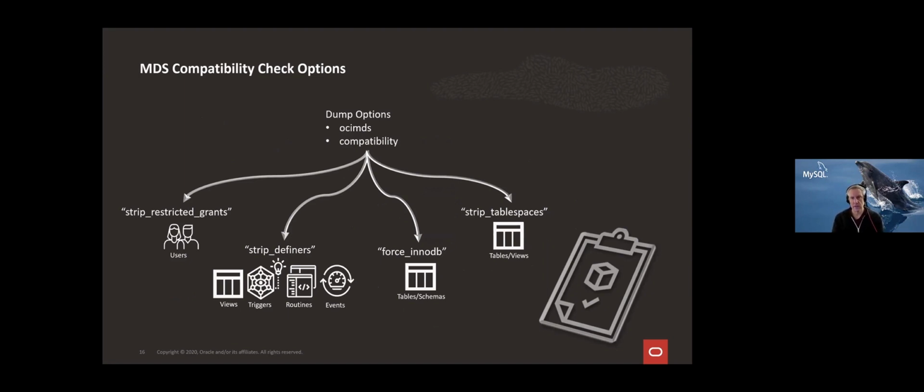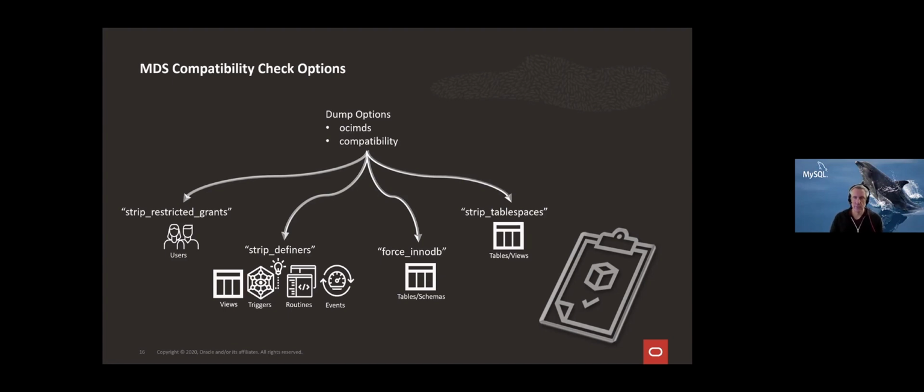All of these functions, even though we use them to migrate data from RDS, are really agnostic, in the sense that you can migrate from, let's say, MySQL 5.7 to MySQL 8 in general using those functions. If the purpose is to migrate specifically to the Oracle Cloud MDS, you can put ocimds equals true, and then it will make compatibility checks specific for that service.